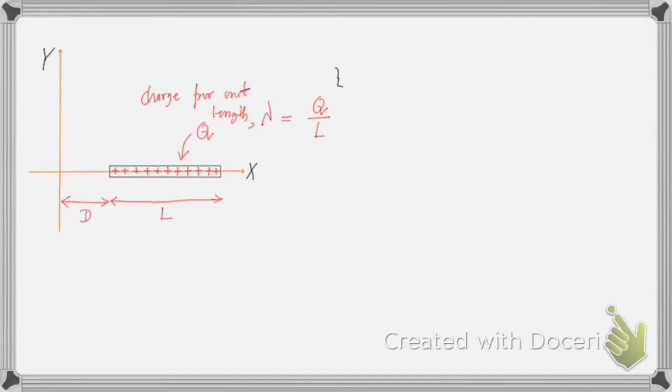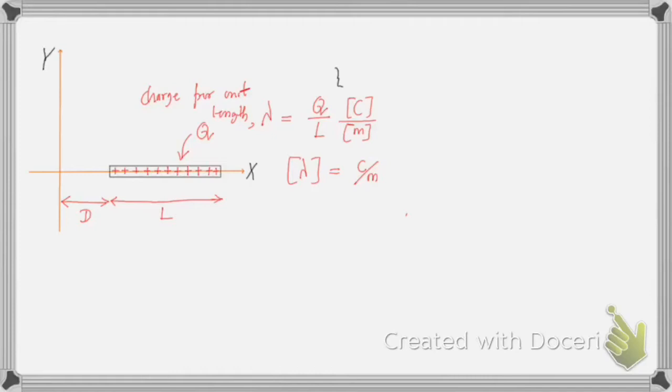And what are the units of the charge per unit length? Lambda, unit of charge is coulomb, unit of length is meters. So the units of lambda equals coulombs per meter. Those are the units.